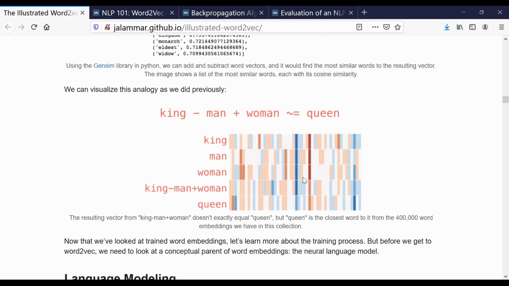So you have to specify, A, the corpus. 2, whether you're using skipgram or continuous bag of words. Then you also have to specify the context length. Is it 3 words before, 3 words after, or 5 before, 5 after, or just 1 before, 1 after, and so forth. But anyway, it's all done for you.